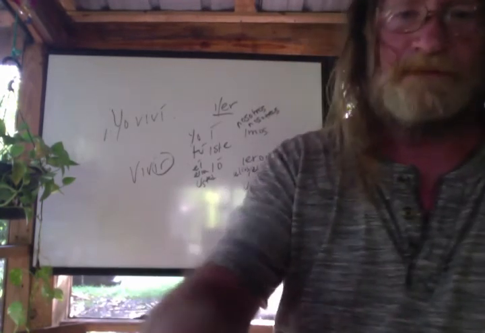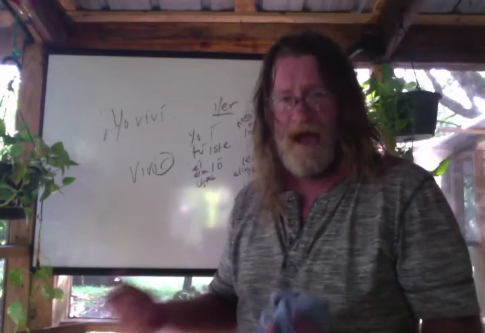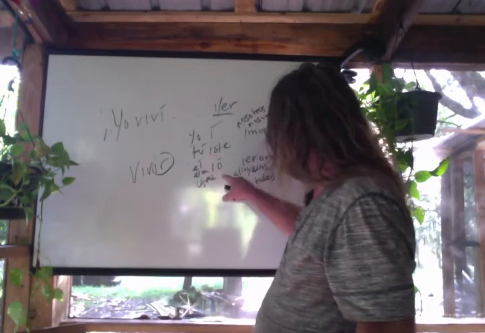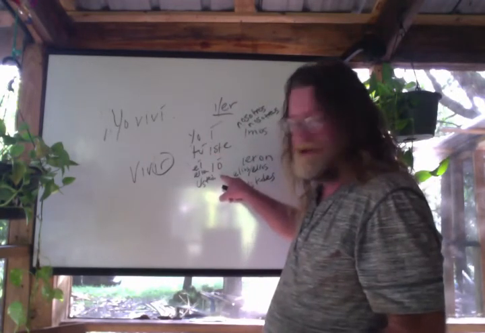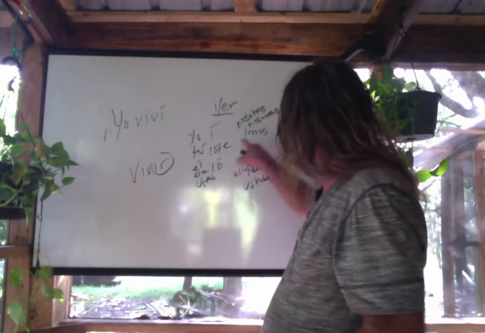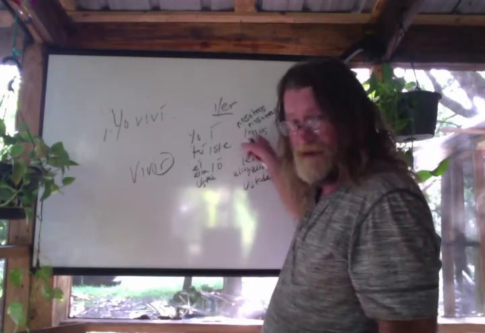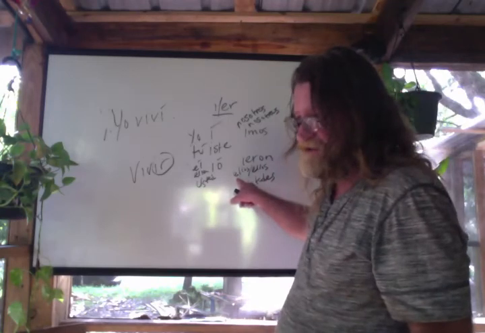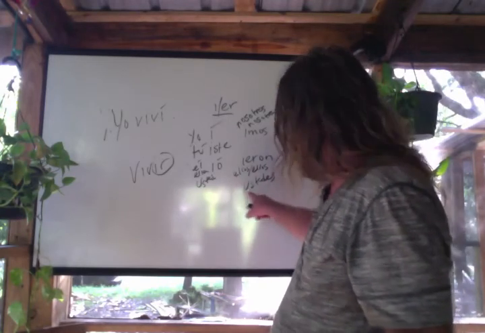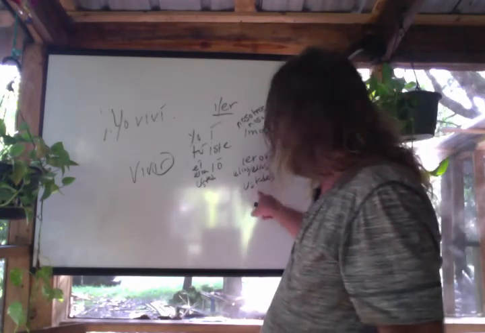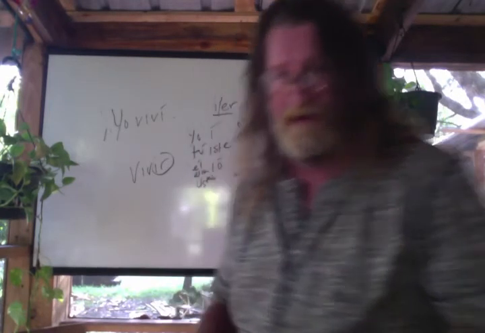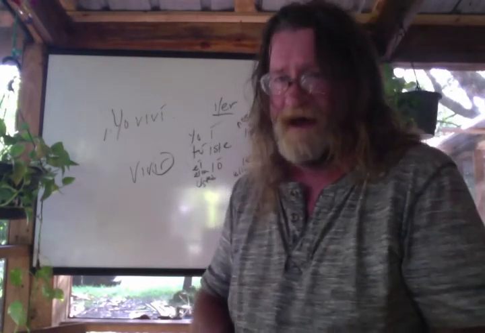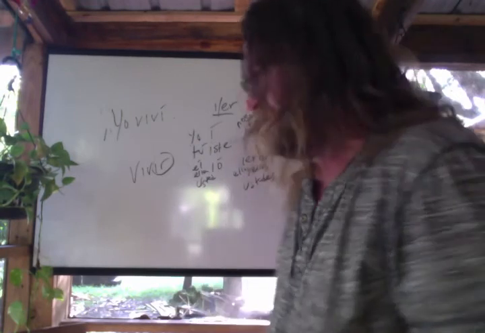And that way, you can say, I lived, you lived, he lived, she lived, you lived, we lived, and we lived feminine. They lived, they all lived. Alright, so that's how you conjugate IR and ER verbs.